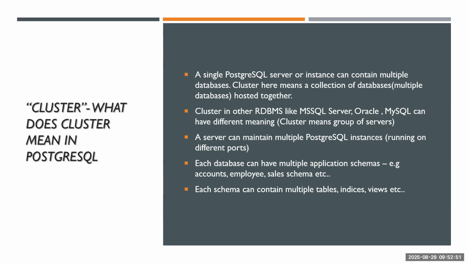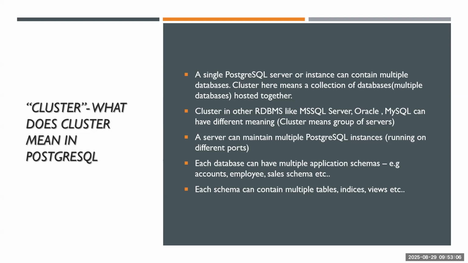Whatever you do in Oracle or SQL Server, Postgres can do the same. A database contains multiple schemas which map to multiple applications. Each schema can contain multiple tables, indexes, views, etc.